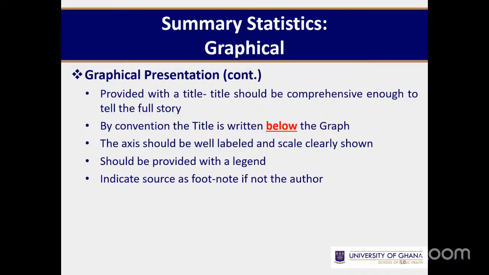If the graph is showing more than one attribute, then it is important that you provide a legend. A legend will indicate the different color meanings of the graph. And of course, if you are not the author of that graph, make sure that you indicate the source to avoid the issue of plagiarism.